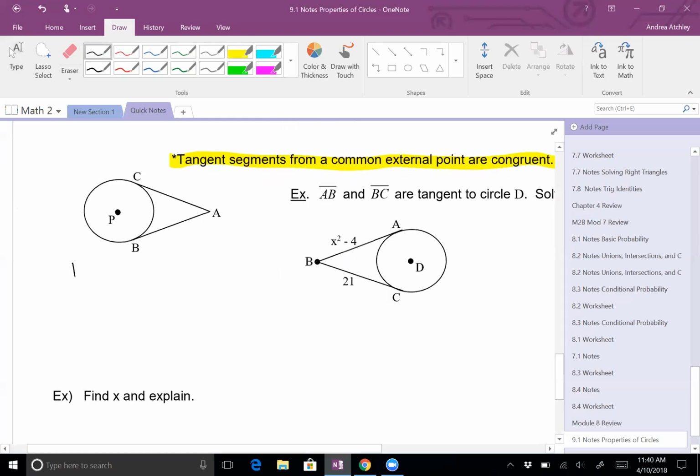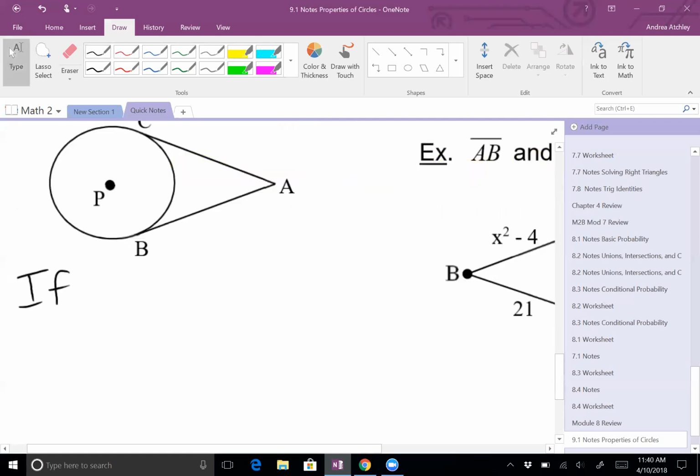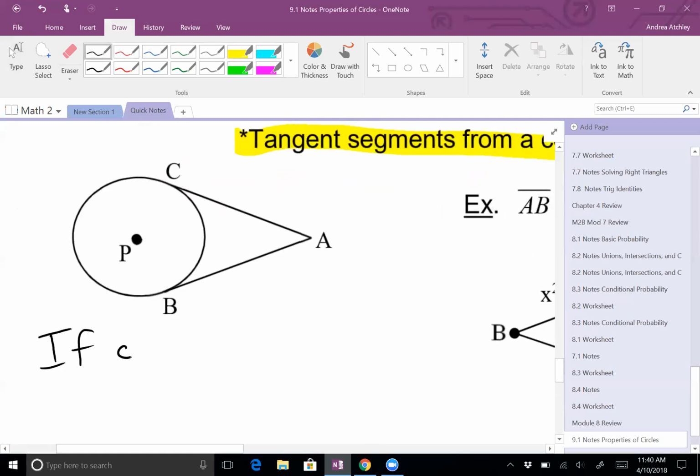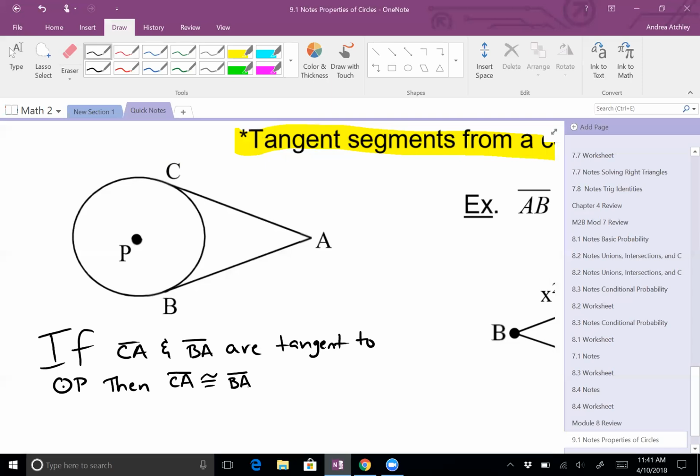So here we have if CA and BA are tangent to circle P, then CA is congruent to segment BA. Any questions over that?